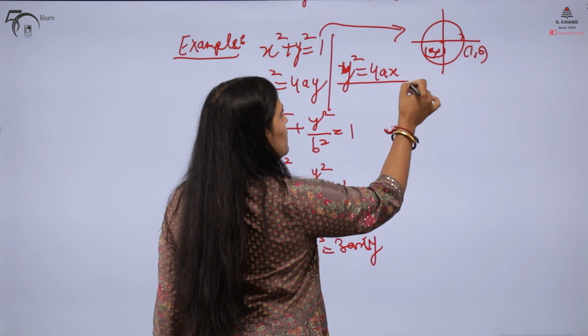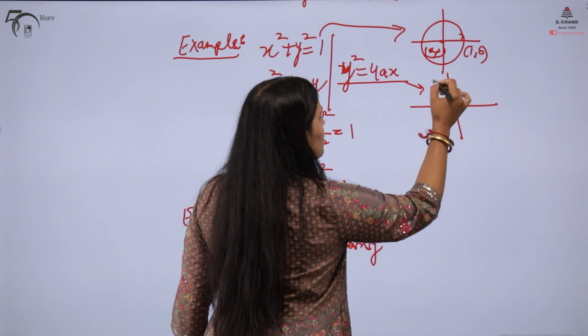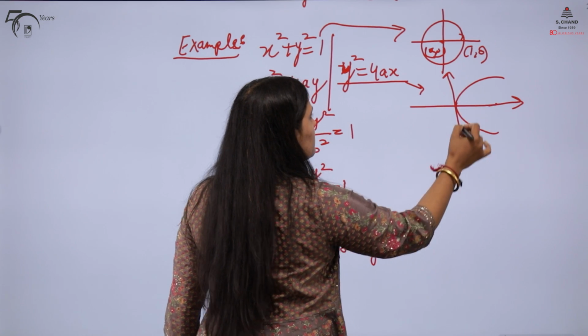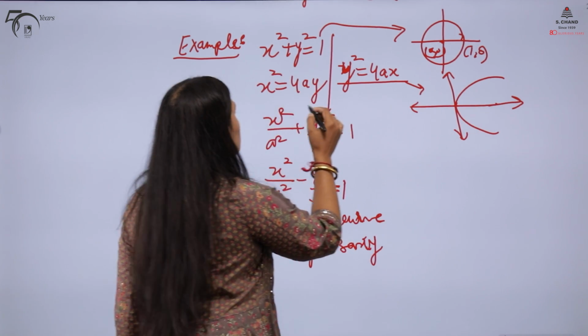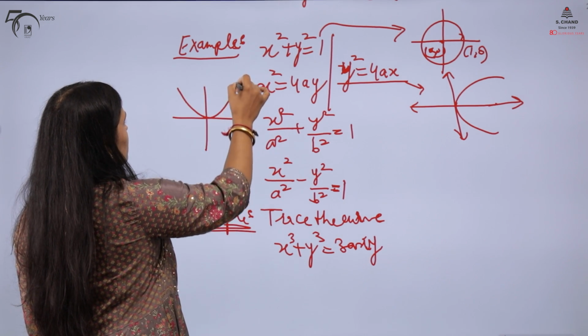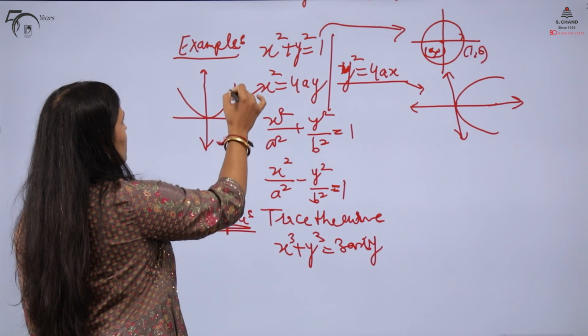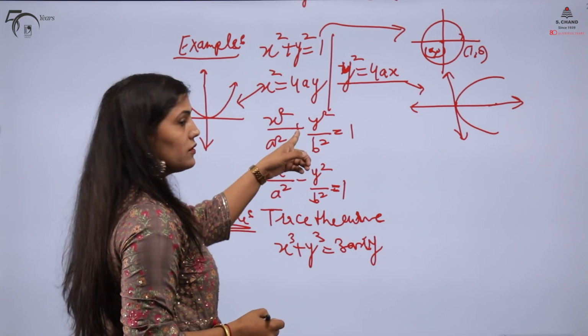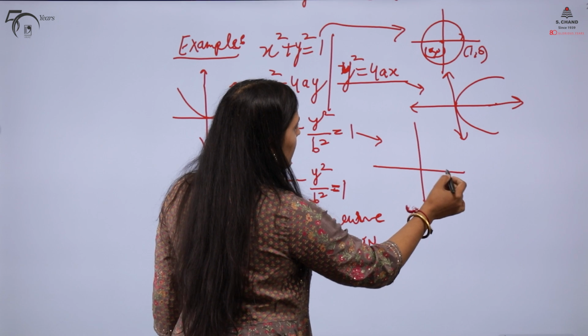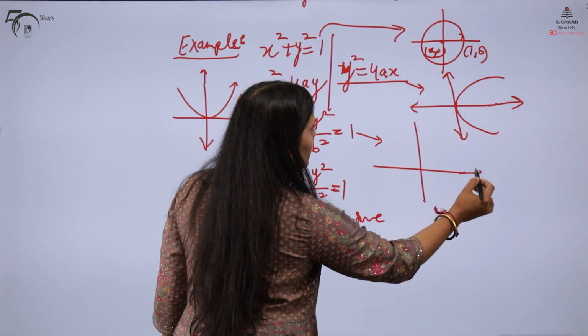This is a parabola. Y power is even, so you can see symmetry about the x-axis. This is this parabola, this is that parabola. Then this is an ellipse, an elliptical or egg shape.